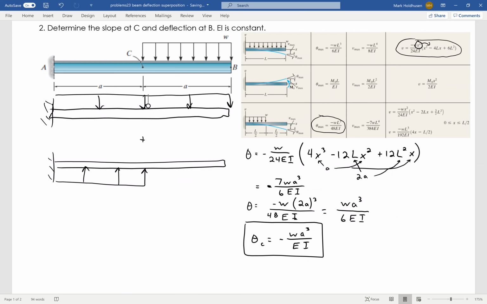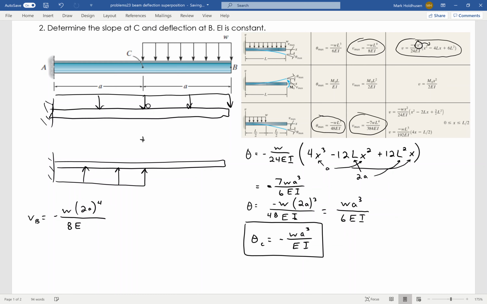Okay. Now to find the deflection at point B, I just need these two to find that deflection, because the max deflection is going to occur at the end point, so that's where the maximum would be. So really all I do to find the displacement of B, the entire thing is going downward, so I'd have minus W times 2A to the fourth, divided by 8EI.